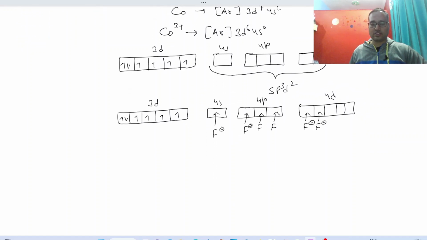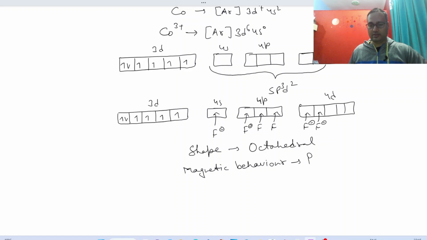So as a result, the shape of the molecule or the geometry of the complex would be octahedral. If we talk about the magnetic behavior, then we have 4 unpaired electrons. It would be paramagnetic.